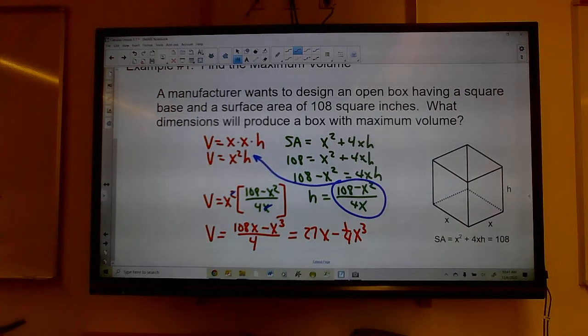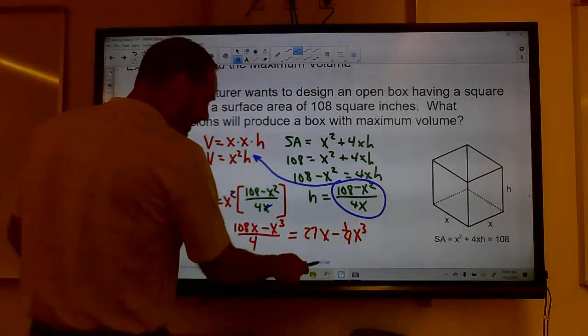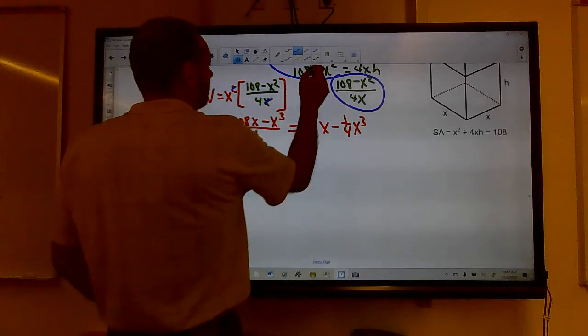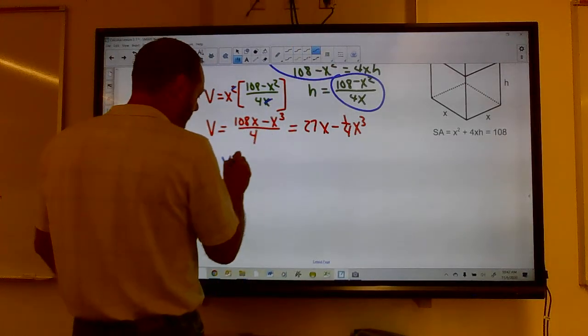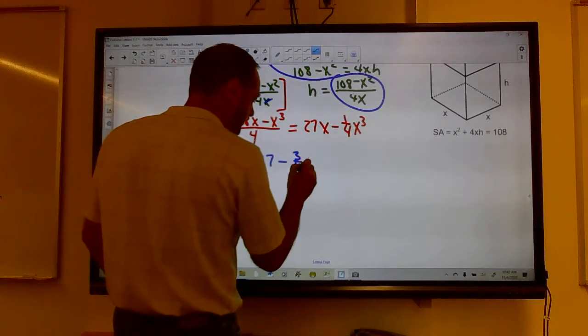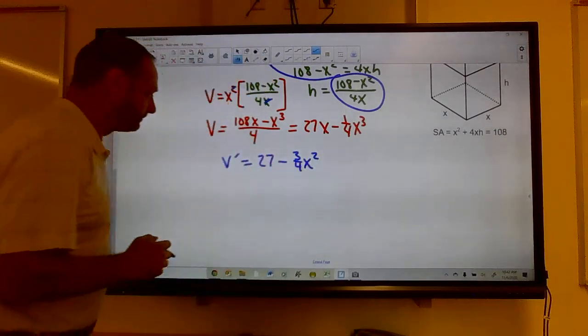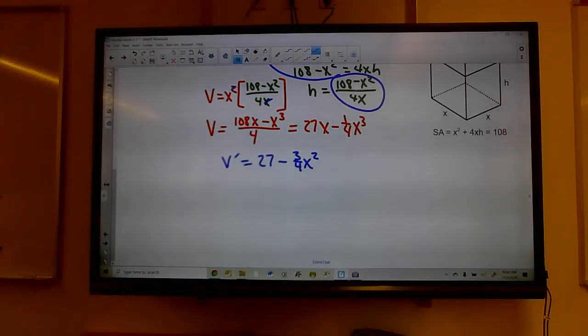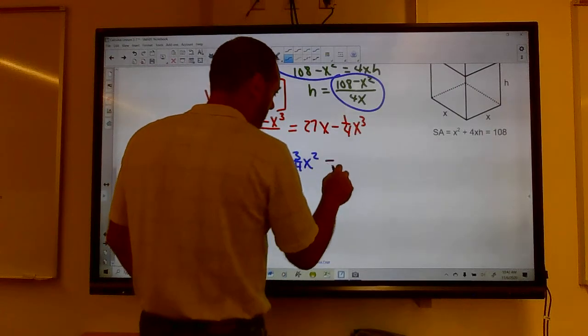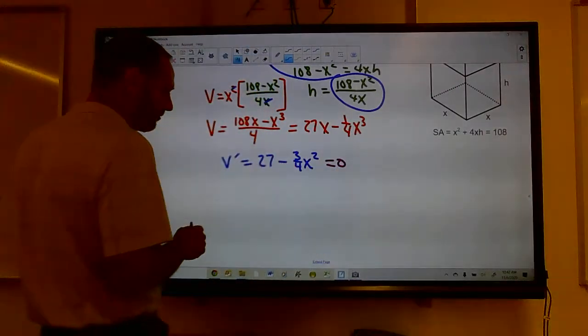Okay, now I've got that equation, and I want to minimize or maximize that. So I'm going to find an extremum, which means I'm going to take a derivative. So V prime is going to be 27 minus 3/4 x squared. Okay, then I'm going to set that equal to 0 and solve for x.